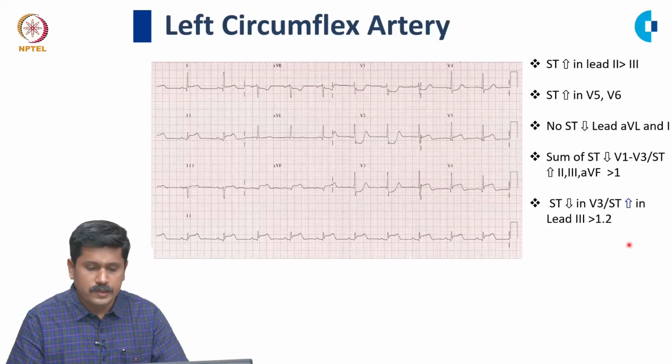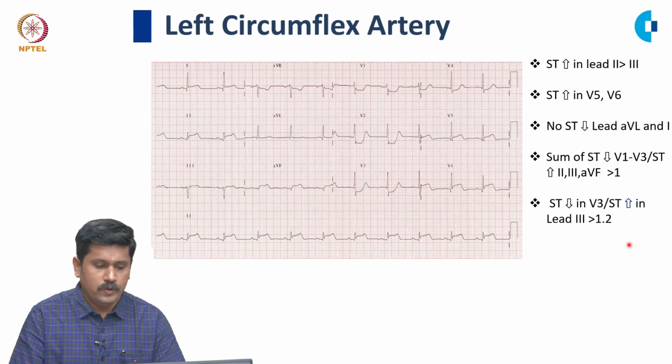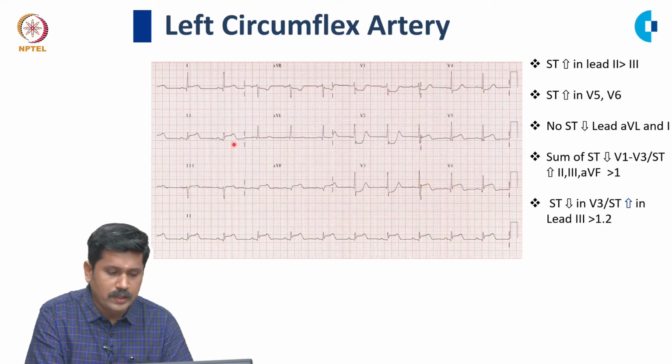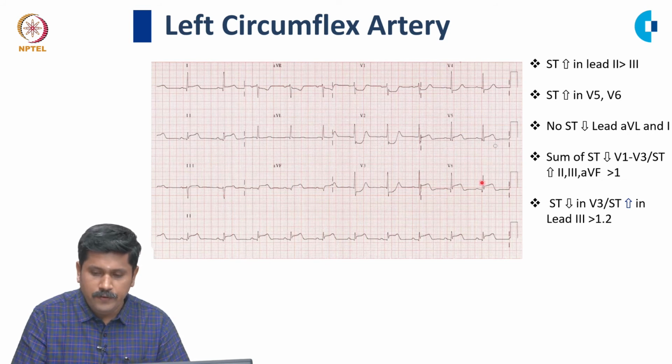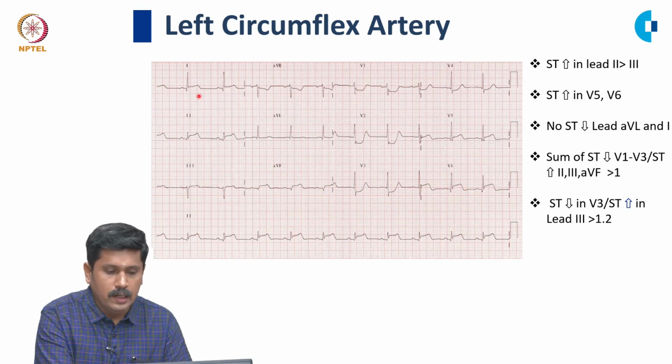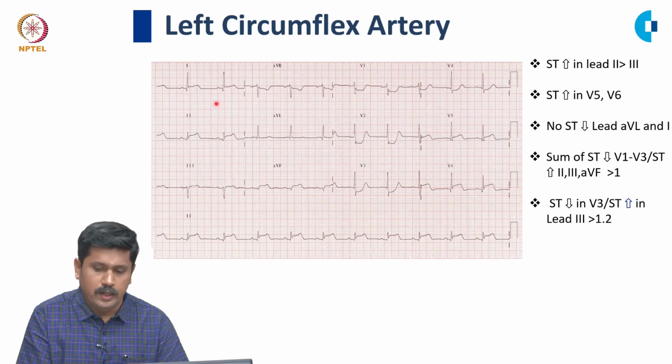By applying this to this ECG, this is a 12 lead ECG of a patient with acute onset of chest pain. Here you can see the ST segment elevation in lead 2 is more than lead 3. There is a minimal ST elevation in V5 and V6, and look at lead 1 and AVL, there is no ST segment depression. If there were an ST segment depression, the lesion would localize to the right coronary artery.